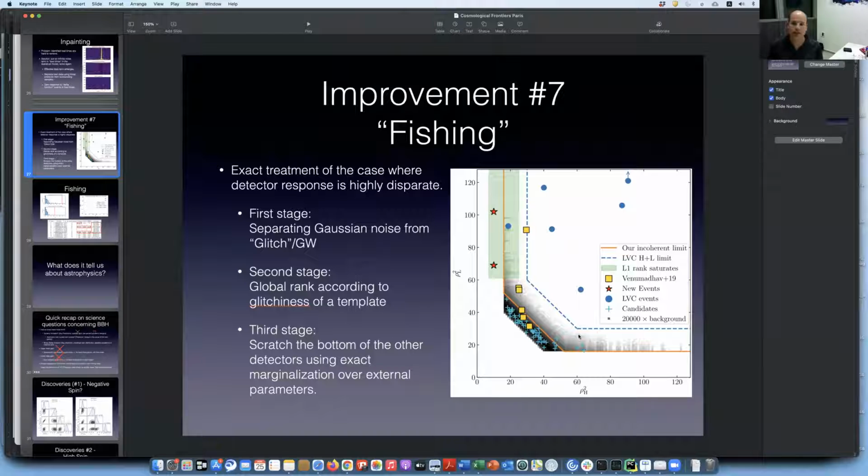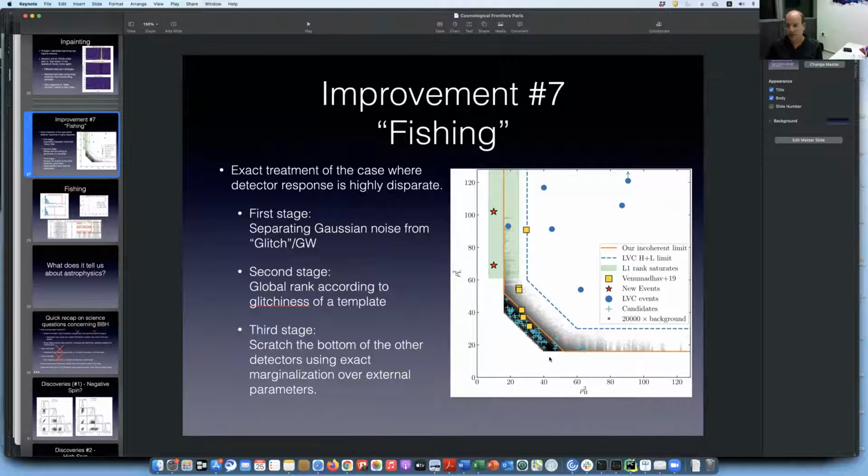Or maybe a glitch in one detector that picks up a little bit of Gaussian noise and looks almost like a gravitational wave, which is actually the hardest thing to filter out. And then, in the other detector, some small contribution.